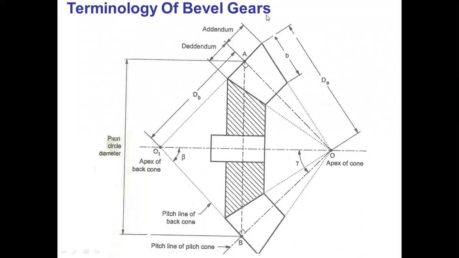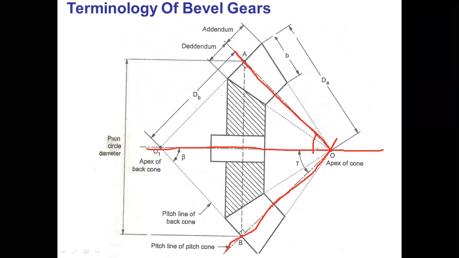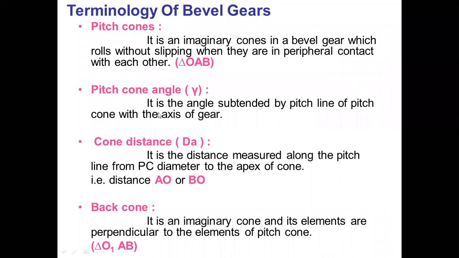Here, this is the axis of the bevel gear, and this is the line. Means this angle or this angle. Here the angle gamma is called the pitch angle, or the pitch cone angle, and it is denoted by gamma.